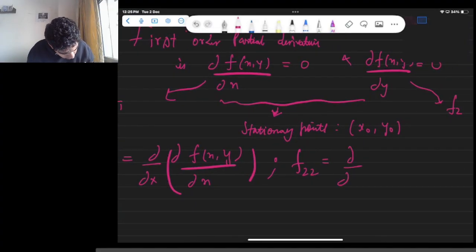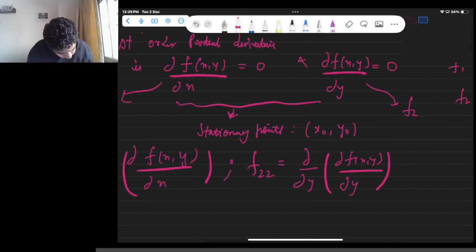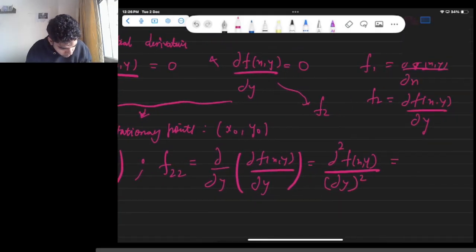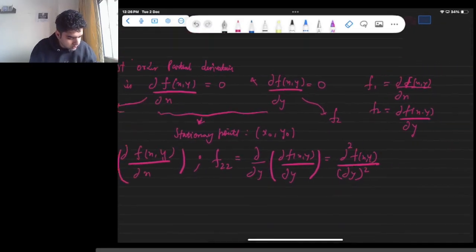So d by dy of del f(x, y) by del y. This is also written as del square f(x, y) by del y whole square, which is equal to f of 2 comma 2, right? So let me just draw boxes around this.